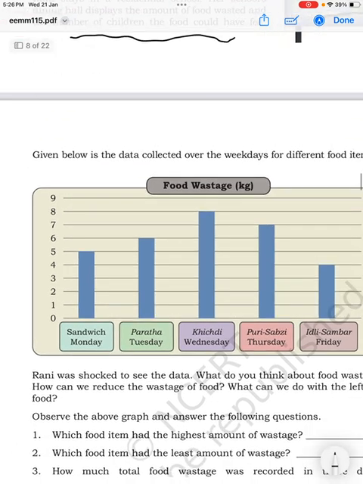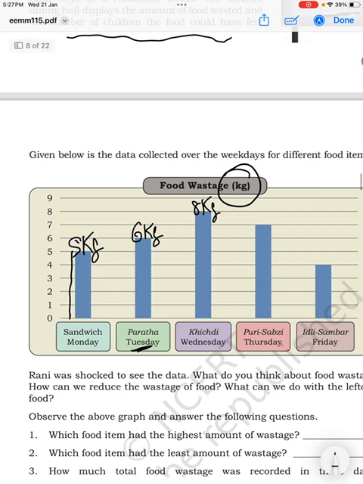Take only that amount of food which you can eat or which is required for you. The food wastage you can see here: on Monday, sandwich, the wastage was 5, and each is showing kg. So it means 5 kg of paratha sandwich was wasted. Tuesday, paratha was made and 6 kg was wasted. Khichdi was 8 kg wasted on Wednesday, and puri sabji on Thursday was again 7 kg.